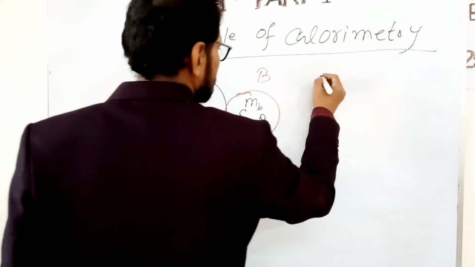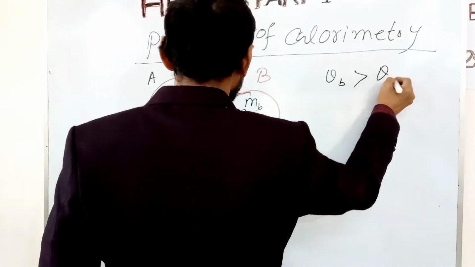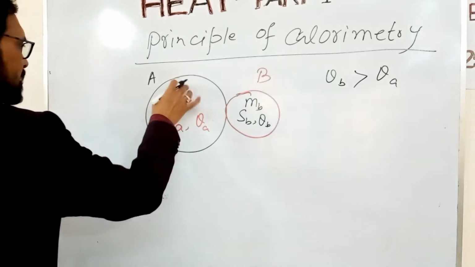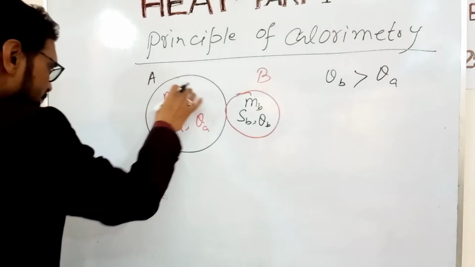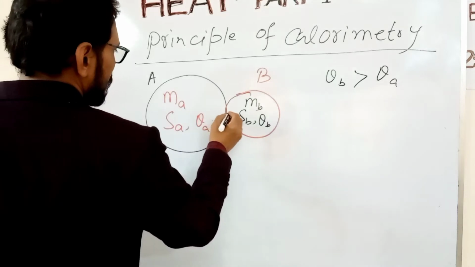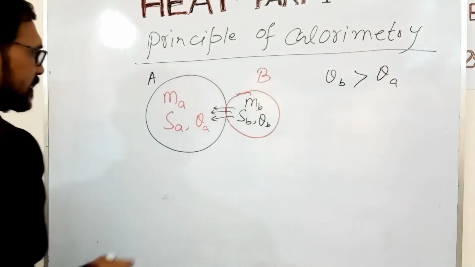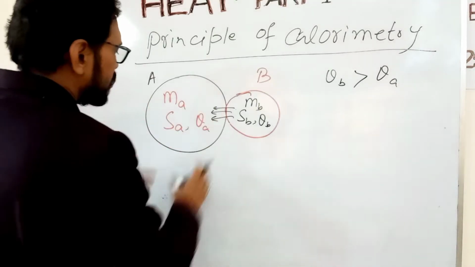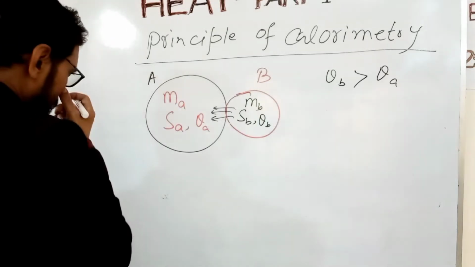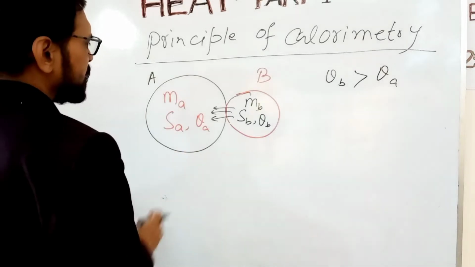Suppose first theta B is greater than theta A. Suppose the temperature of the body B is greater than the temperature of the body A. So heat energy flows from B to A. If two bodies of different temperature are in contact, then heat will flow from higher temperature to lower temperature until they attain the same temperature.